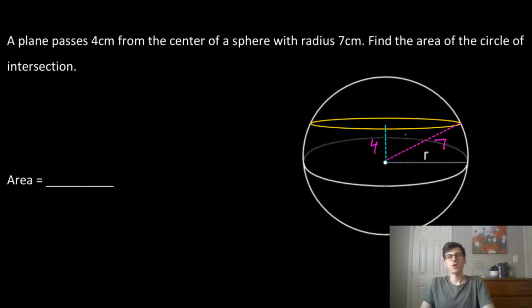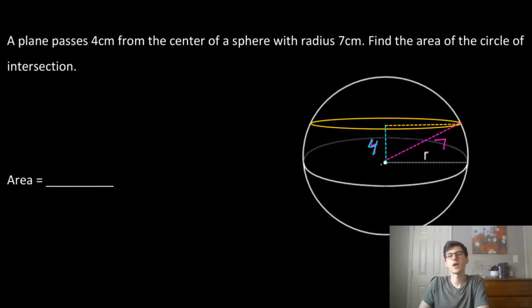And I'm asked to find the area of a circle. Now, hopefully, you see that we've got what looks like a right triangle in the center of the circle here, right? If I take the radius of this circle that's been cut out of the sphere, that creates a nice right triangle for me. So it's kind of annoying me that this 4 is pink. Sorry about that, if it's annoying you too.